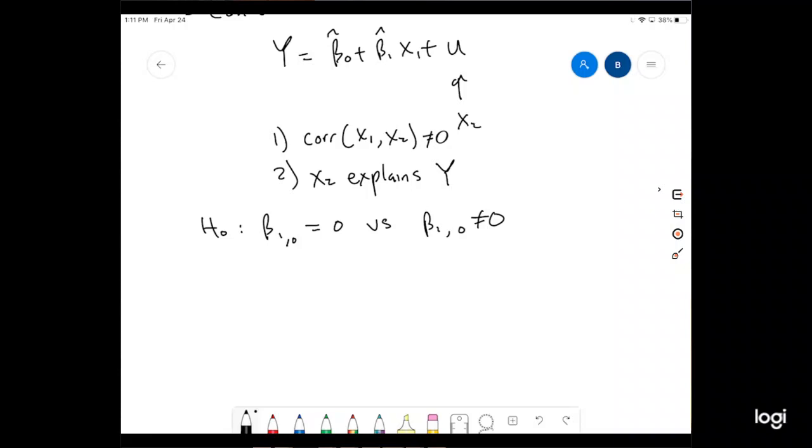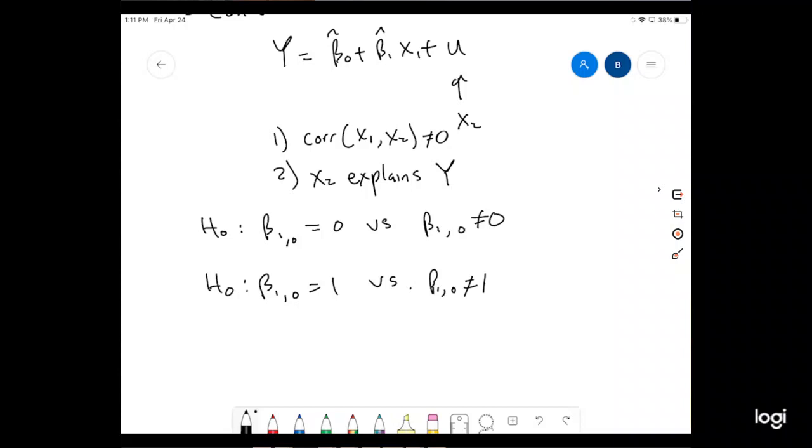That's our null versus some alternative. We can also write down a hypothesis of beta 1 equal to 1 versus beta 1 not equal to 1. So we don't have to have it at 0, it's just that that's the convention. We typically are testing for 0 effect.